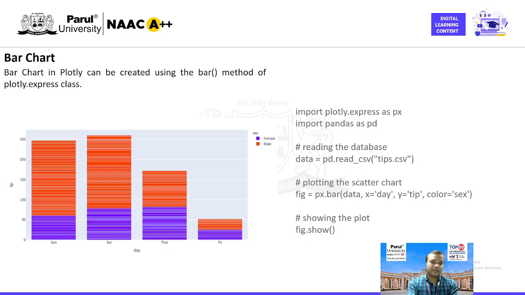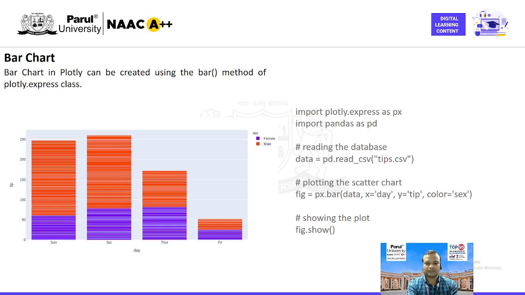We also generate the bar graph. A bar graph in Plotly can be created using the bar method of the plotly.express class. Firstly, we import plotly.express as px, then import pandas as pd, then read the database.